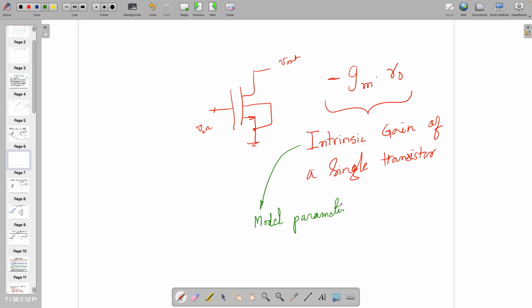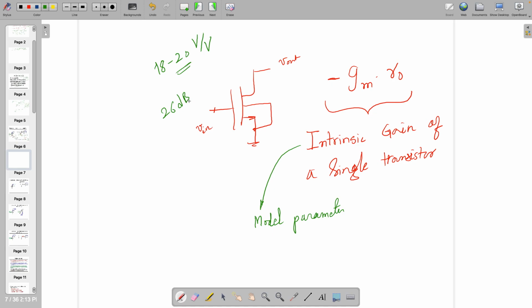Generally, this is between 18 to 20 volt per volt. So how much is 18 to 20 in dB? 26 dB. 20 dB is 10 volt per volt, double is 6 dB, so 26 dB.